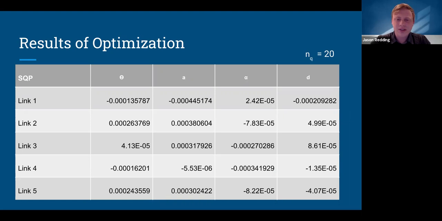And as you can see, the errors are almost all in the neighborhood of at least 3 decimal places, mostly in the lower 4th decimal place, which is exactly what we want.